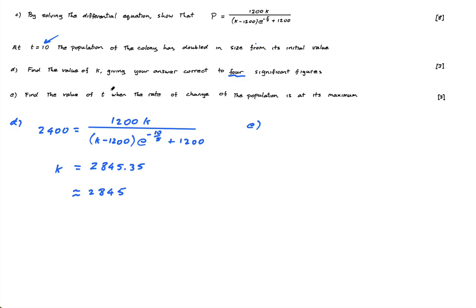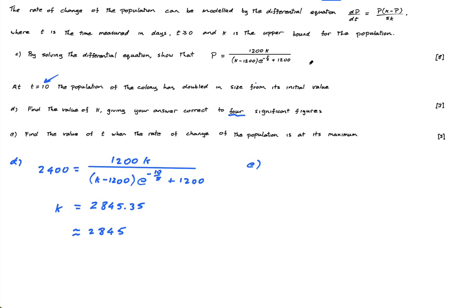So it says find the value of t when the rate of change of the population is at its maximum. Now you could find where dp/dt is at its maximum, but be clear, you have then found p, and you'd have to sub that p into this equation to find t.